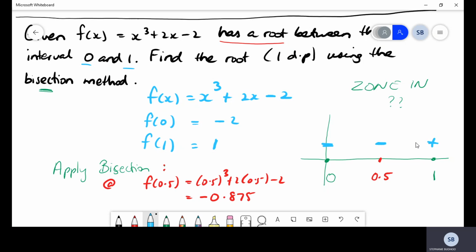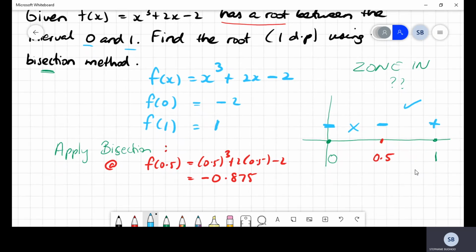Because a change of sign highlights exactly the region where a root exists, then it must mean that between 0 and 0.5, because these signs are the same, there is no root. So what we are going to do is we are going to further test this region over here between 0.5 and 1, because that change of sign is highlighting to us that a root exists there.